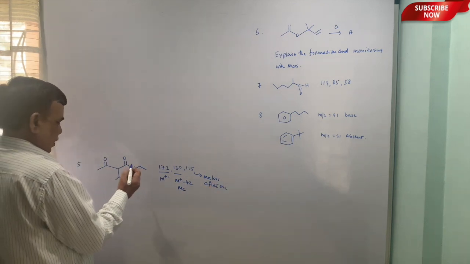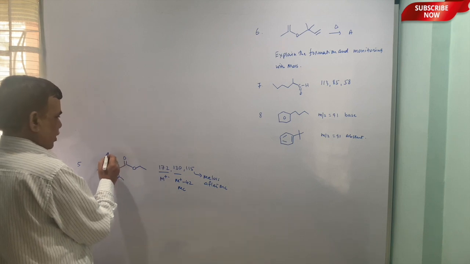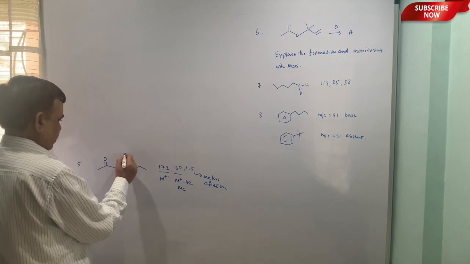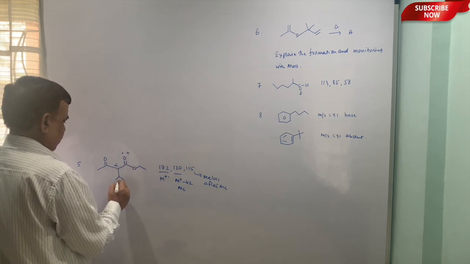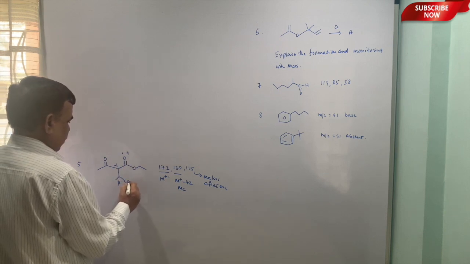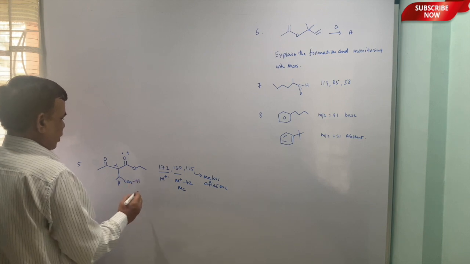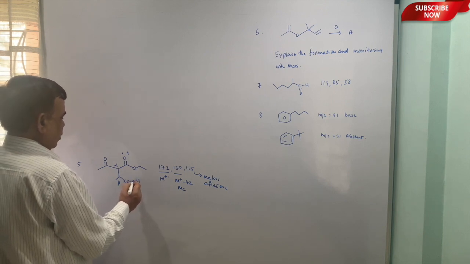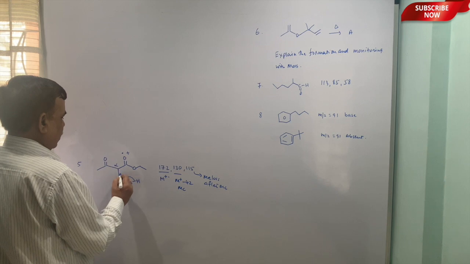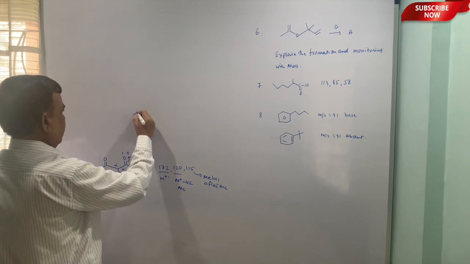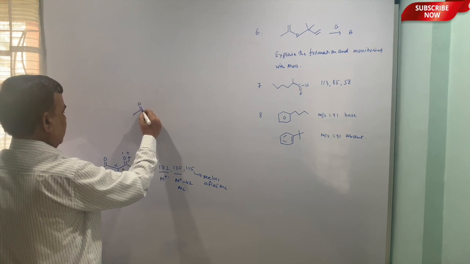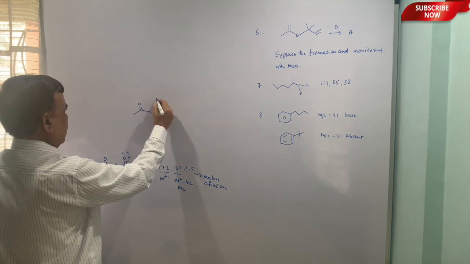So I will just show the radical cation on the top of this alpha, beta, gamma hydrogen. So gamma hydrogen abstraction has to be shown. So I will just show it this way. Ultimately it goes here. You can show it by other method also, no problem.